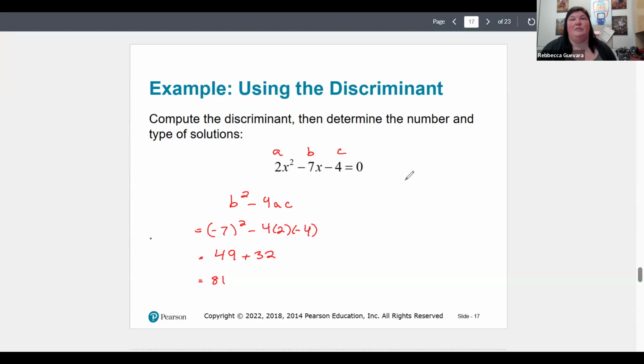So the discriminant, not determinant, is positive, so we have two real or complex solutions.